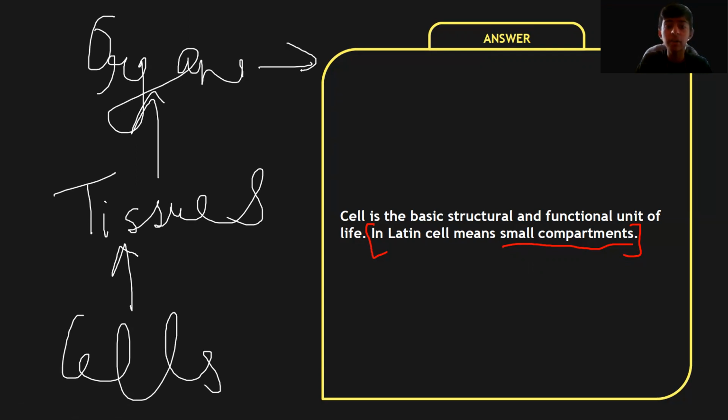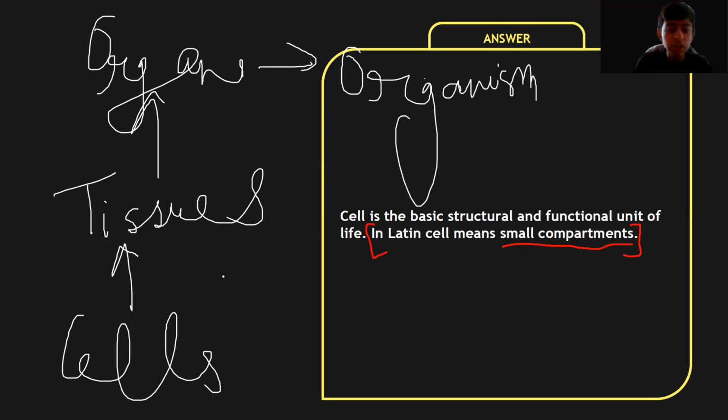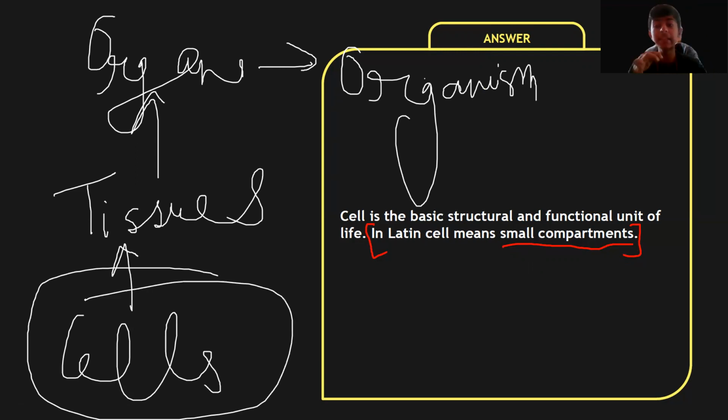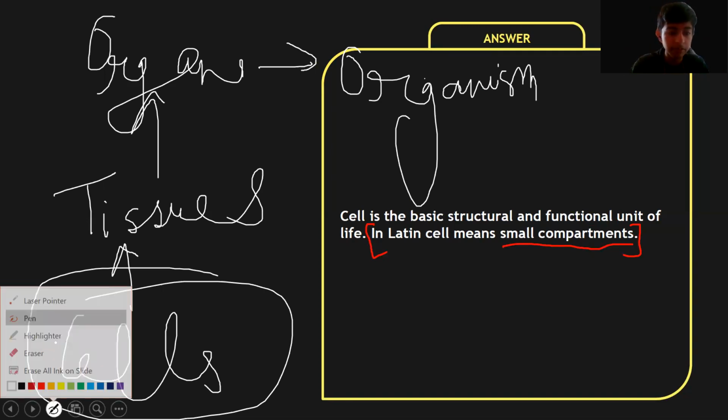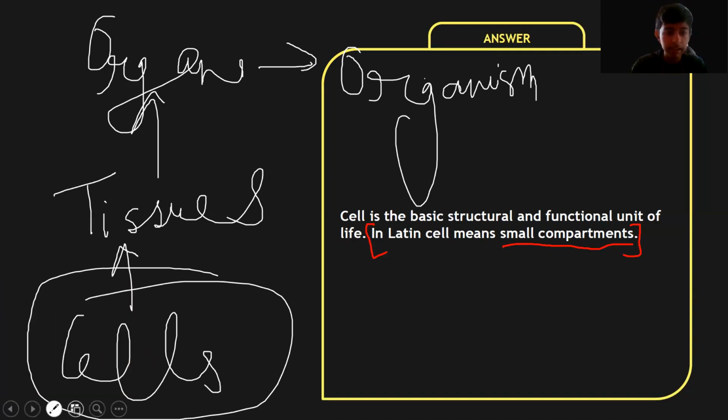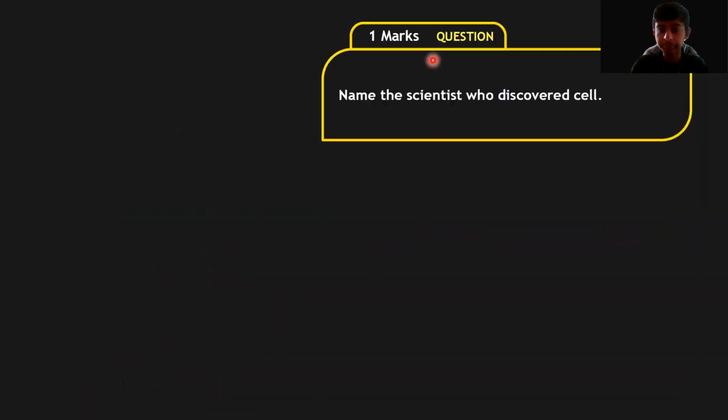And finally, the organs form organism. So we can say that cell is the basic base for tissues, organs, and organism. Isn't it? That means we all are composed of cells.